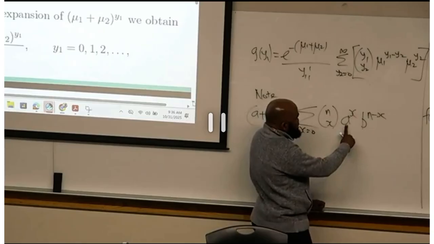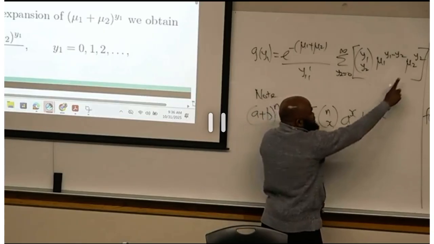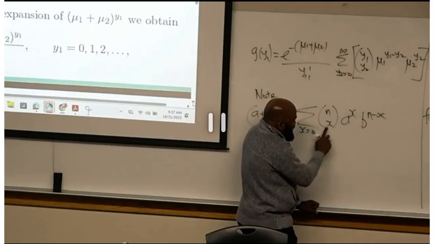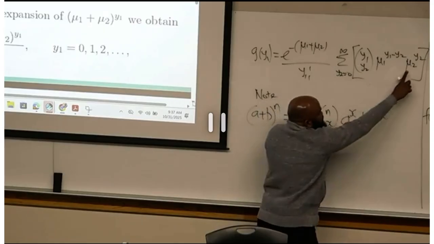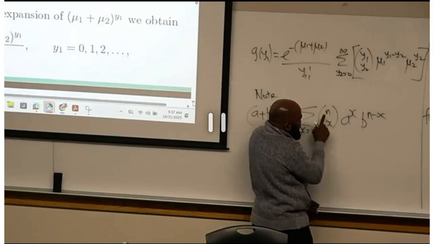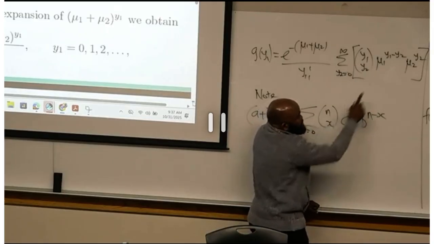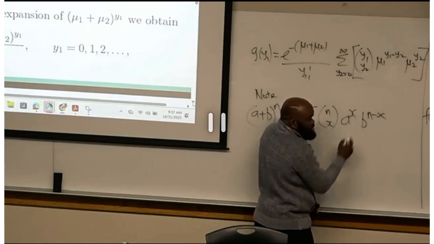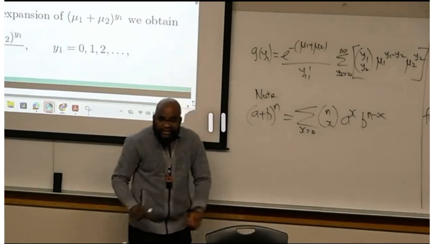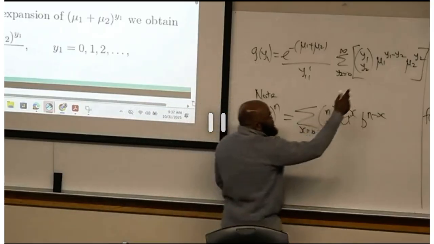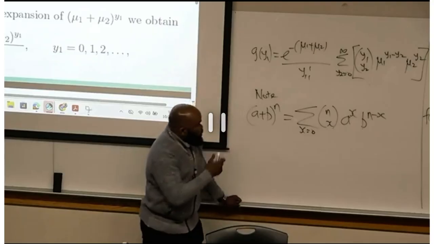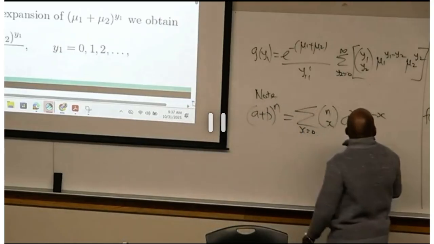A here is like mu2, and you see, A is carrying y2, and B is carrying the difference between y1 and y2. So therefore, if I can write this as (a plus b) raised to power n, then I can also write this in this form. All I need to do is, what is mu?